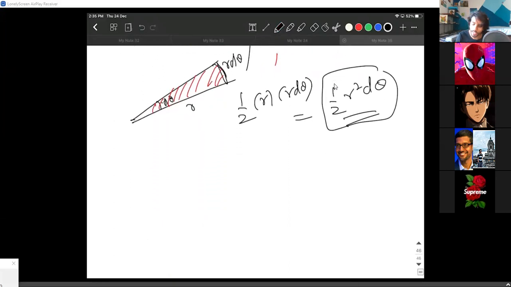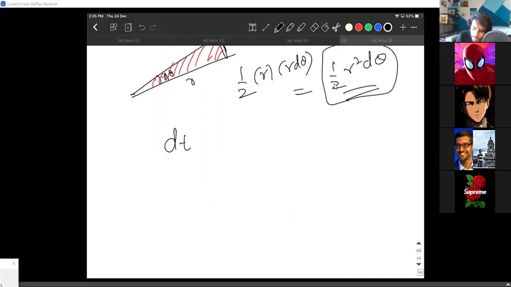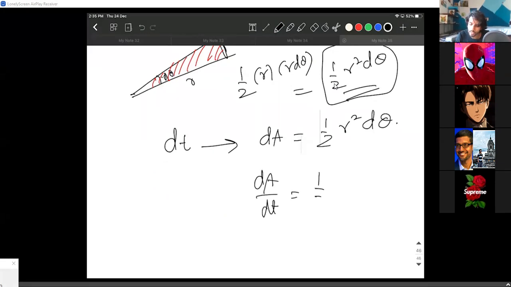Now, what did we just find out? In time dt, it covered an area dA, which equals half r squared d theta. I want dA by dt, so I write half r squared d theta by dt. Here is where we make an assumption that this value is constant for a small interval.